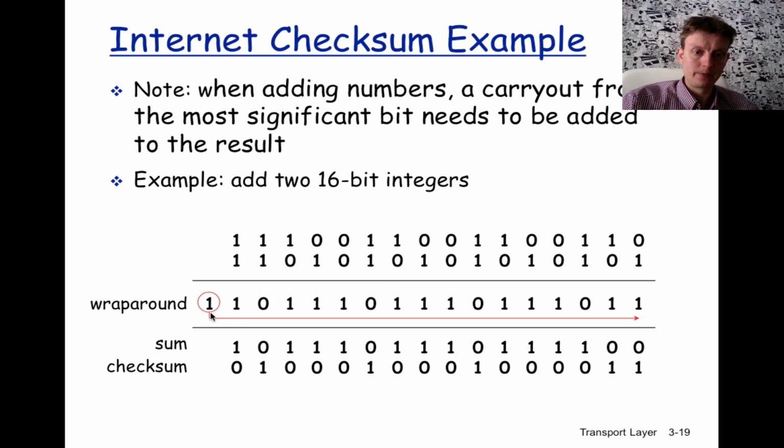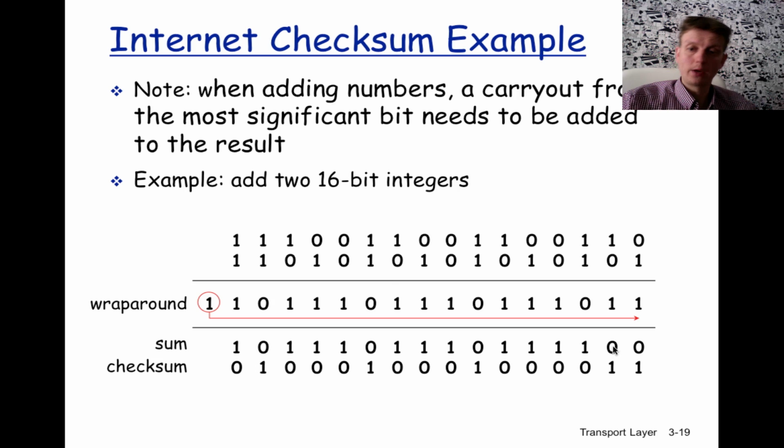carry-out bit. This bit we need to wrap around and add to the resulting 16-bit integer. So we add it in exactly the same way as we did before. In this case, we add 1 to 1. This becomes 0, and I carry 1 to the next bit position. Again, we add 1 and 1.